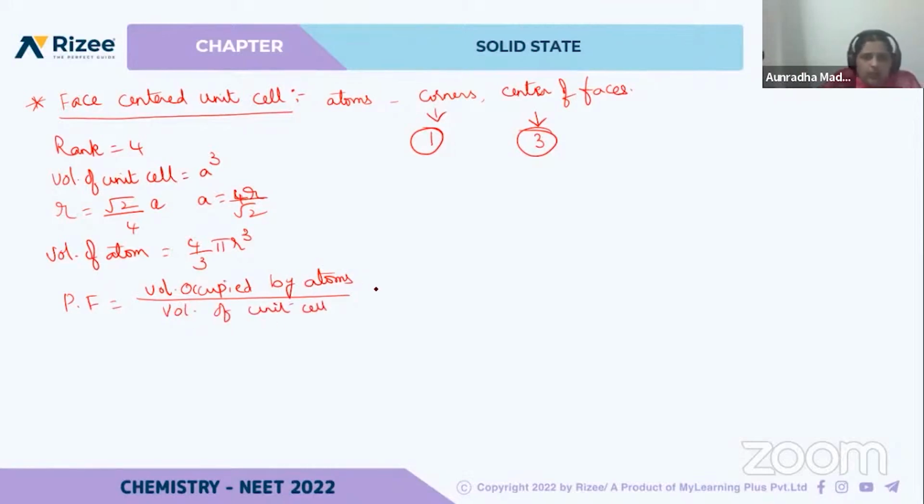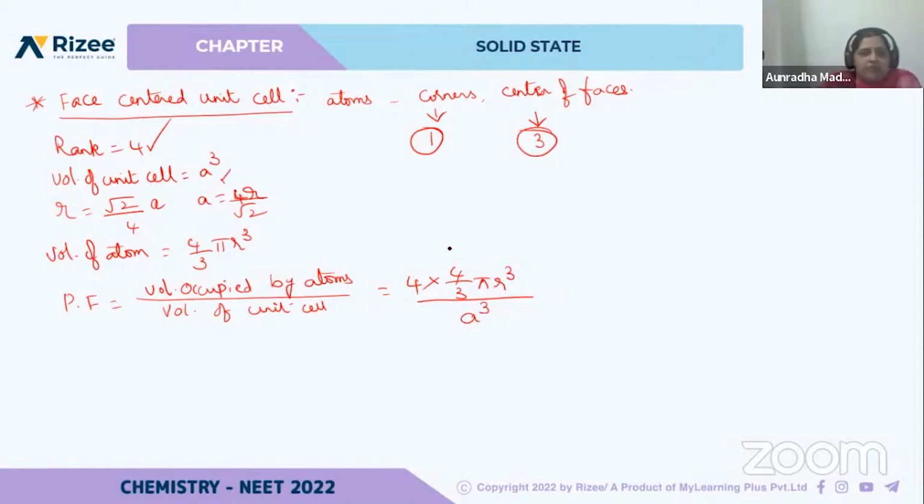So that is equal to volume occupied by atoms, that is equal to 4/3 pi R cube. But how many atoms? This is for one atom. How many atoms are there per unit cell? 4 atoms are there. So 4 into 4 by 3 pi R cube by volume of unit cell, A cube.